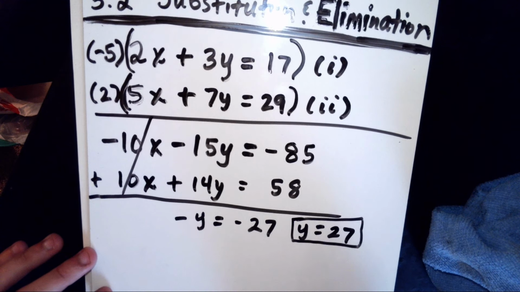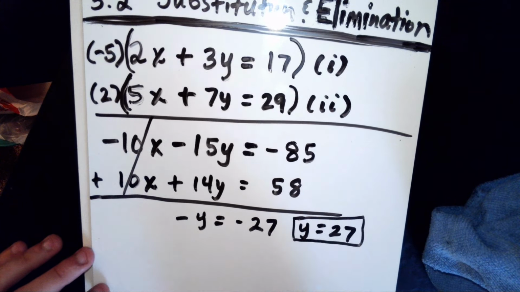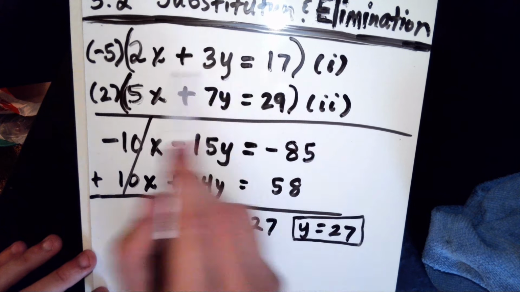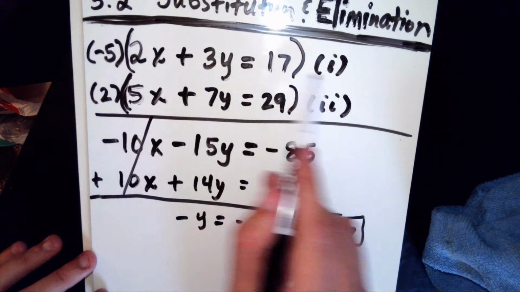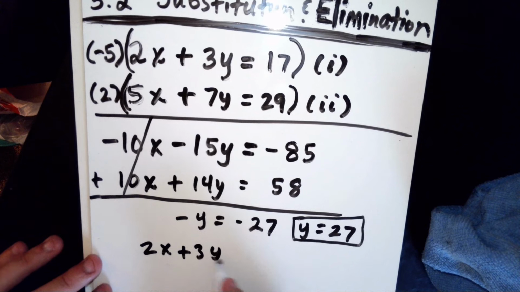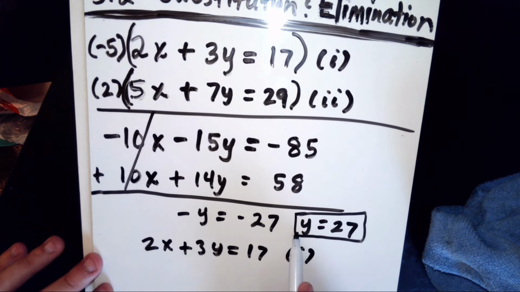Now we can take this solution and substitute it back in to find out what x is. Say we take equation 1 because it contains smaller numbers. So we take 2x plus 3y equals 17. We're going to substitute in y equals 27 where y is.